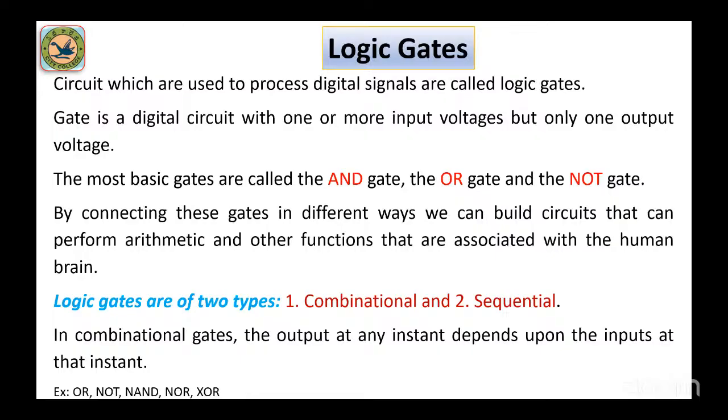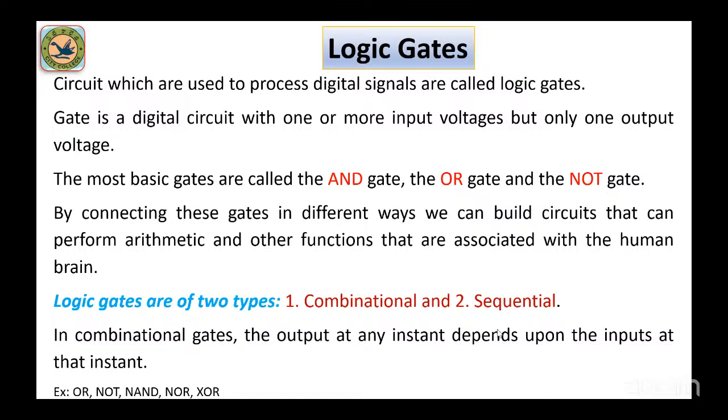These logic gates are of two types: one is combinational and the other is sequential. In combinational gates, the output at any instant depends upon the input at that particular instant. Examples of combinational gates are AND, OR, NOT, NAND, NOR, XOR.